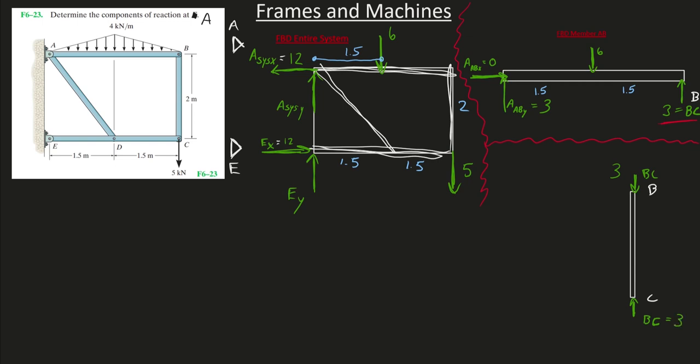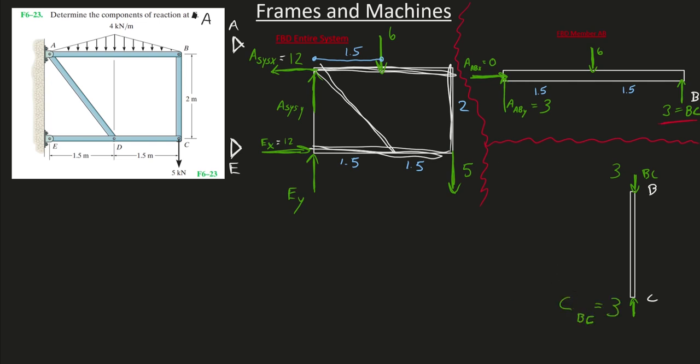Now again, here comes one of those tricky things. And I'm actually going to be very careful about how I describe this. Since this is one of those dangerous moments, I'm going to make sure I say that this is the force from C onto BC. And that is what is equal to 3.